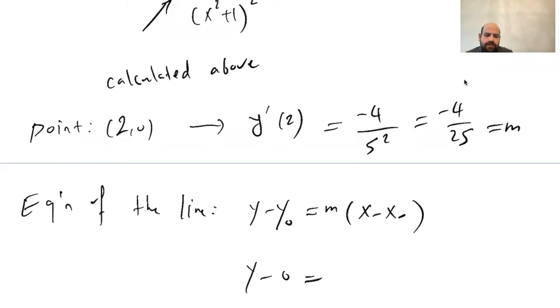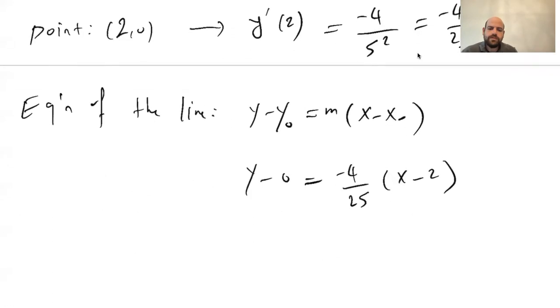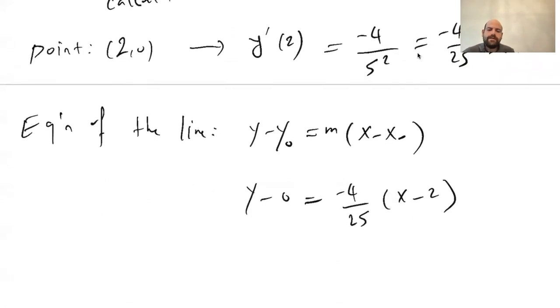We have all the necessary quantities. Seems that the screen is frozen. Let me see. Okay. Which means y equals minus 4 over 25 x plus 8 over 25.